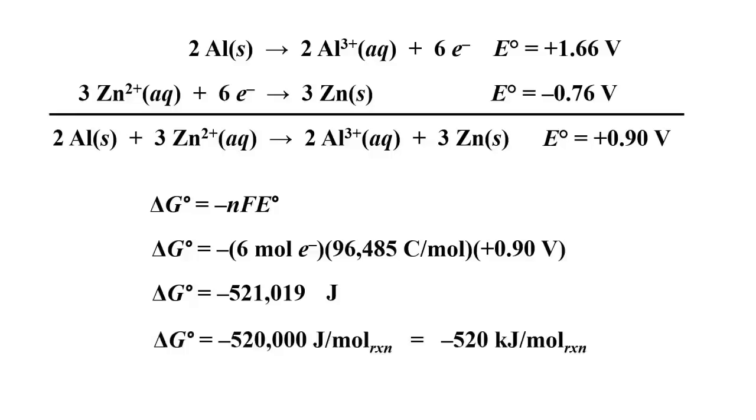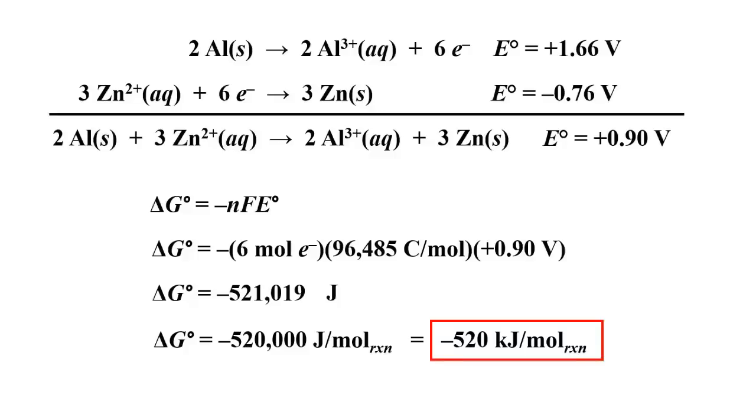And my units are actually joules per mole of reaction for this overall equation that we have. So negative 520,000 joules per mole of reaction. When I divide by 1,000 to go from joules to kilojoules, I get negative 520 kilojoules per mole of reaction.